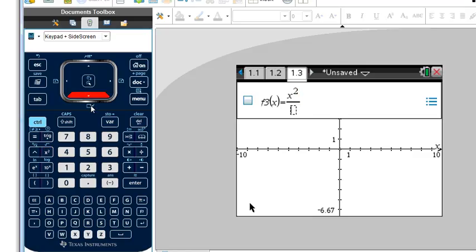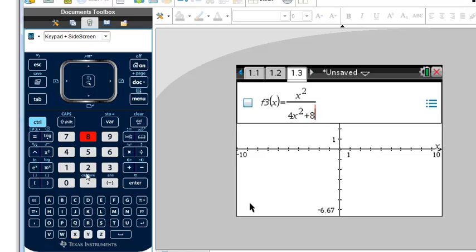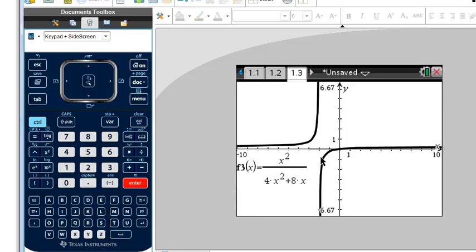In the denominator we have 4x squared plus 8x. To graph this, we see one discontinuity at -2, and that should already give us our answers. Actually, it could be B or C based on that.